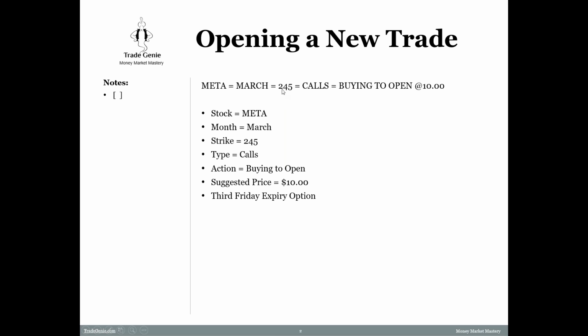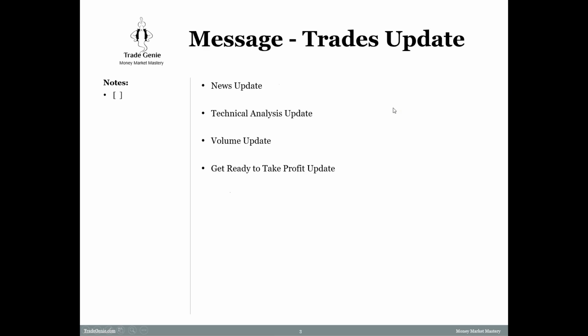A lot of work goes on behind selecting the right strike. I will show you the slide next time. There are a lot of variables to decide which strike to buy. Let's say we decided to buy the 245 strike, and we know the target. After I send this alert, I take a break, like 10-15 minutes. We have to do some other work behind the scenes, and then we send you the message regarding the targets.